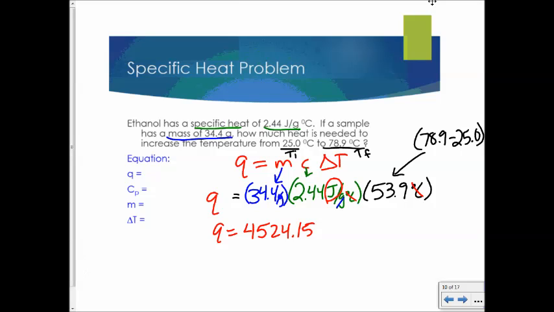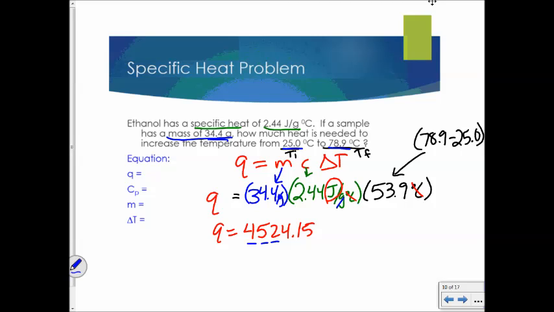Now, we go searching up here for sig figs. Specific heat is like a constant value for each particular substance, so don't look at the specific heat. What you want to look at is the measured values. The temperatures and the mass are both measured values. So out of those, looking at all of them, they all have 3 digits, so we're going to keep 3. 1, 2, 3.